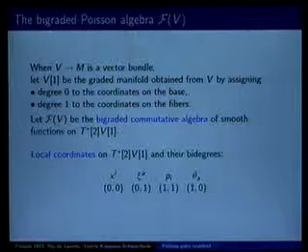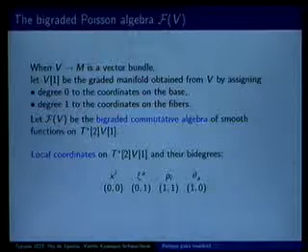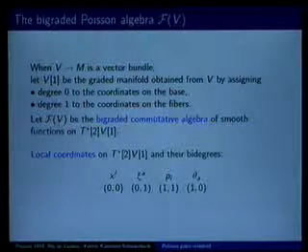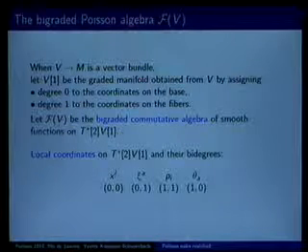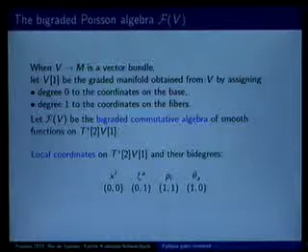And we can consider the graded manifold, which we obtain from this vector bundle by assigning degree 0 to the coordinates on the base, degree 1 to the coordinates on the fiber. And then we consider the cotangent bundle, T*V, but with the grading indicated by T*[2]V[1].